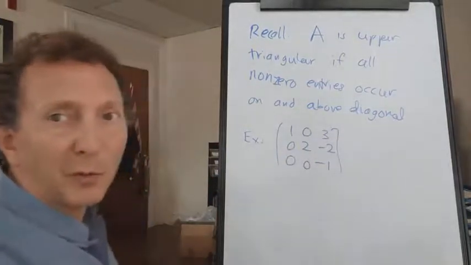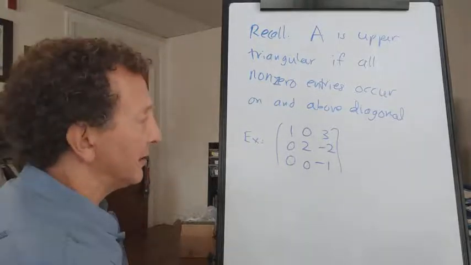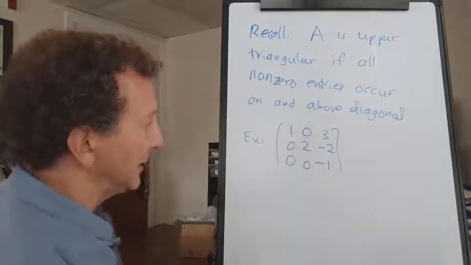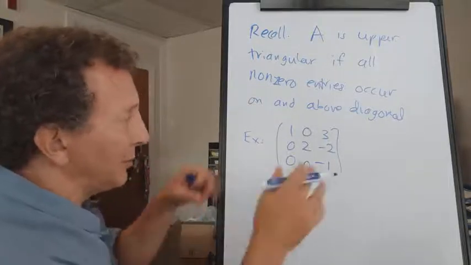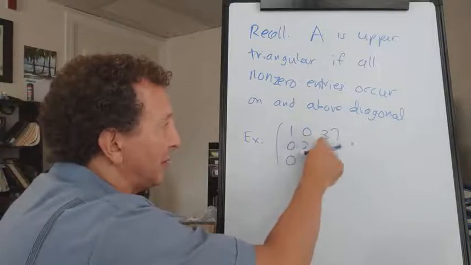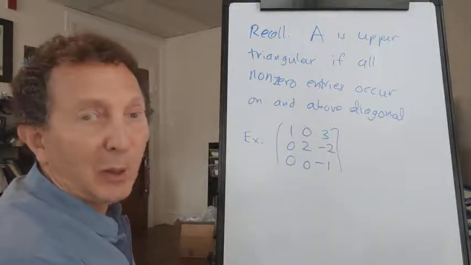So this matrix is upper triangular because everything below the diagonal is 0. Equivalently, everything that's not 0 is on the diagonal or above it. Now we're allowed to have zeros above the diagonal, but we're not allowed to have non-zeros below the diagonal.